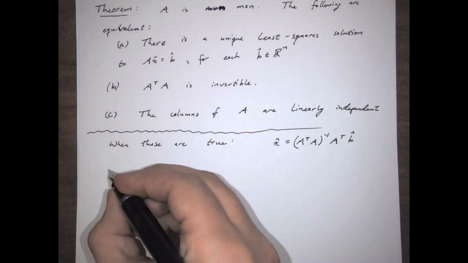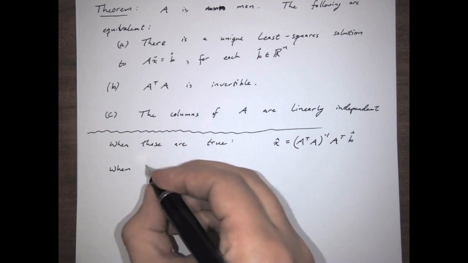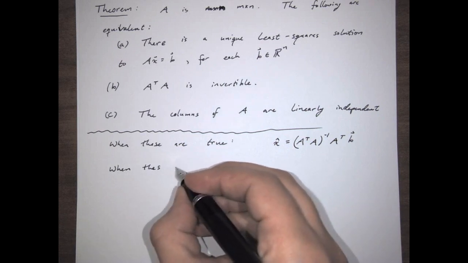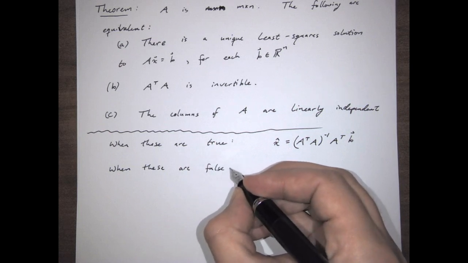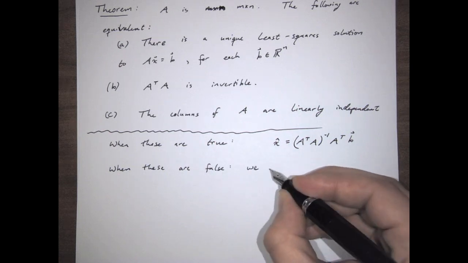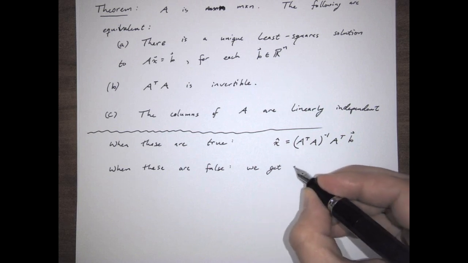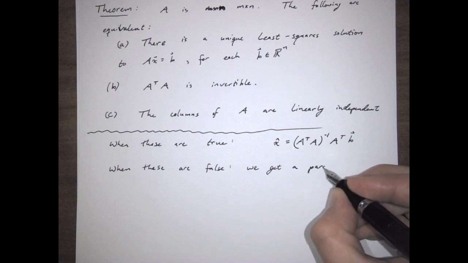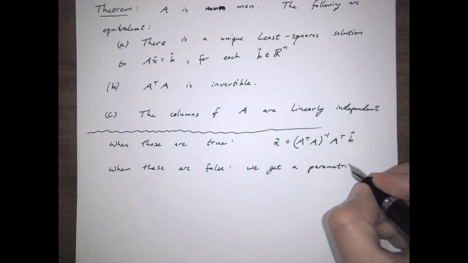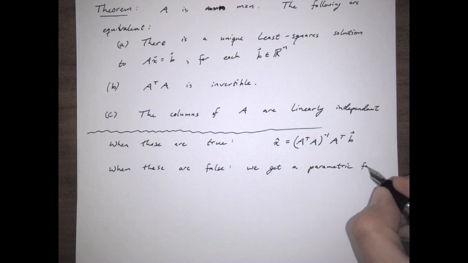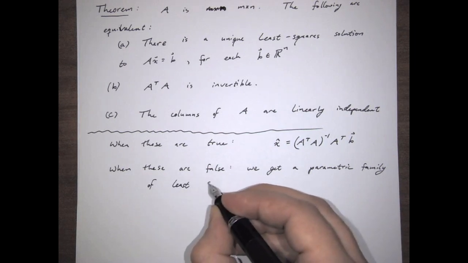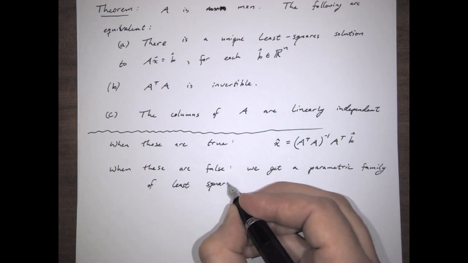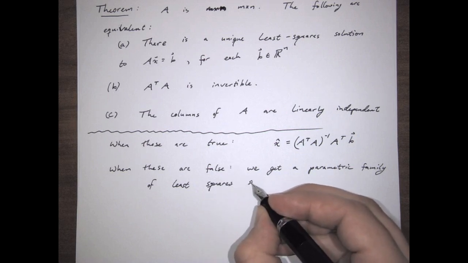So when these are false, we get a parametric family of least squares solutions.